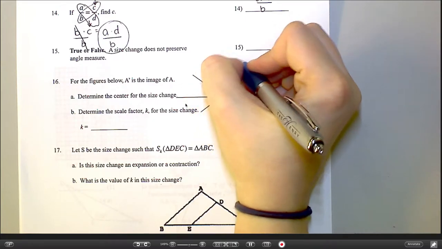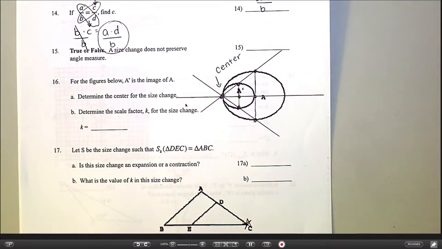And then it says to determine the K value. How do I do that? Where's somewhere I could measure to find that K value? I just said the smaller one.